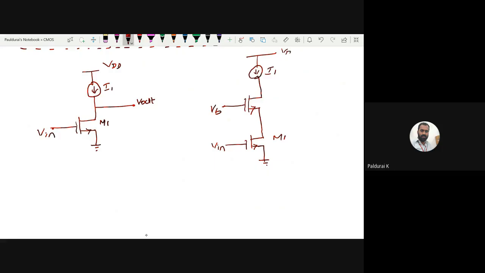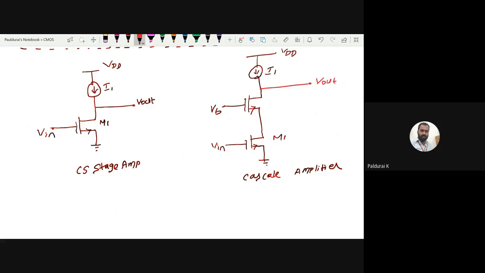So now this is my cascode. Let me call it a cascode current source, or otherwise you can call it a cascode amplifier. This is my simple common source stage amplifier. Here we will measure the output.